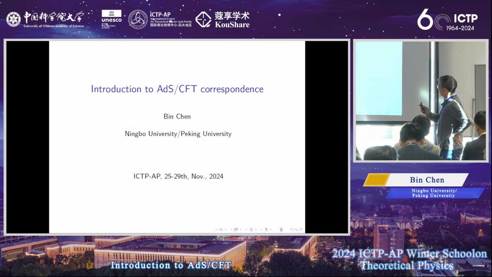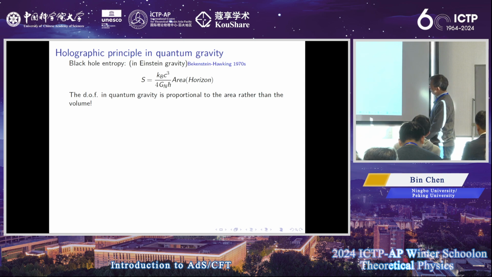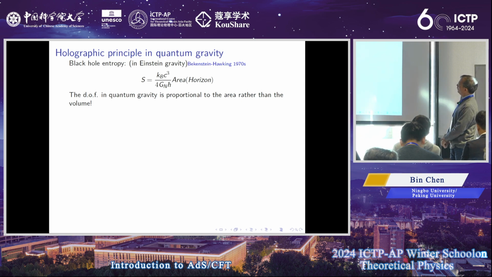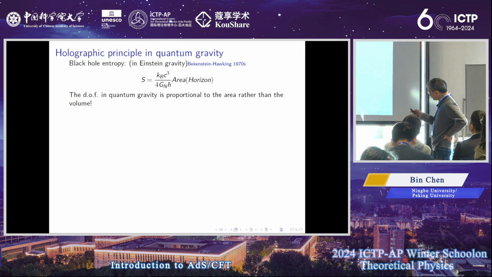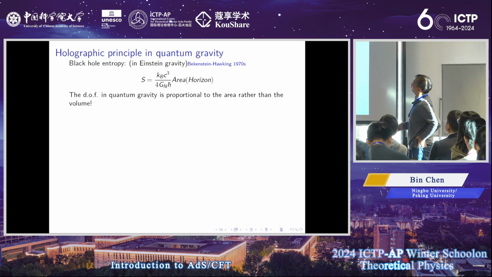And this is the story of AdS/CFT correspondence. I think the story started in the 1970s. Most of you know black hole physics, so let me give a very brief review.